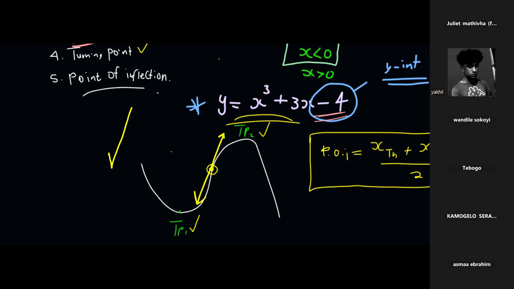It has a positive gradient. So here we are having a positive gradient, just like that. Did I answer you, Wandile? That's why I've tried to explain that the main aspect of differentiating is to find the gradient.